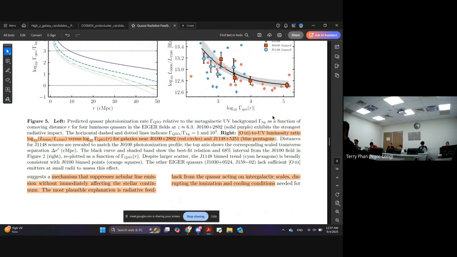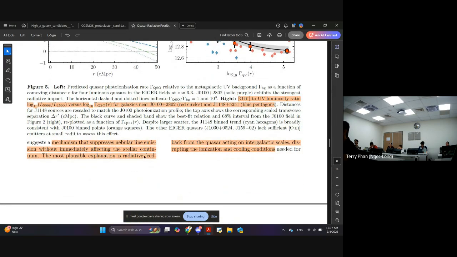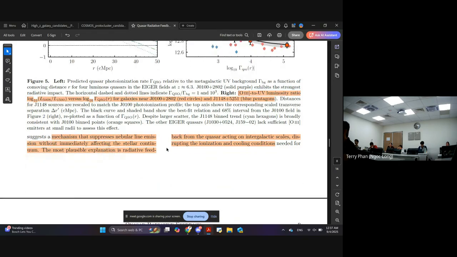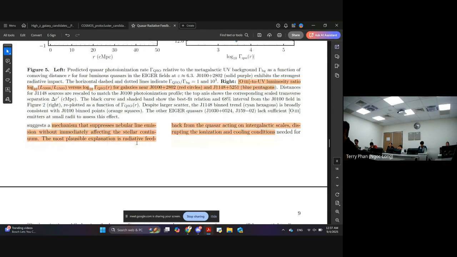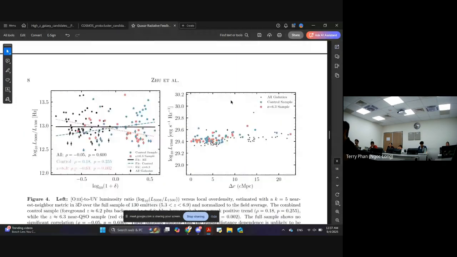And it says right here that there's a mechanism that suppresses nebular line emission without immediately affecting the stellar continuum. What that means is that we can see in this graph that the UV emission, no matter the distance from the quasar, stays pretty constant. So the quasar is not affecting any previous star luminosity, it's not affecting UV luminosity.